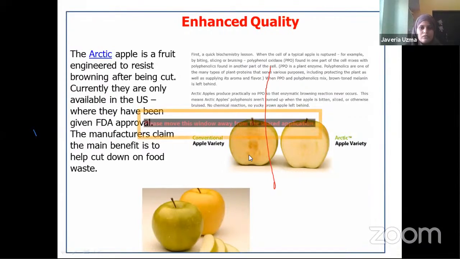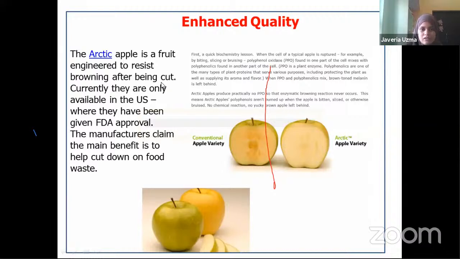So with the help of transgenic technology, you are creating arctic apple variety. This apple variety, even if you cut it and keep it for 1 hour, it will not turn brown, because with the help of transgenic technology you are shutting down this enzymatic browning reaction. Enzymatic browning reaction is shut down with the help of transgenic technology. So this arctic apple is a fruit engineered to resist browning after being cut.